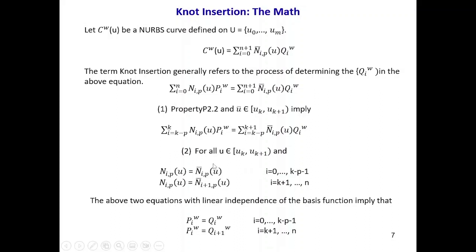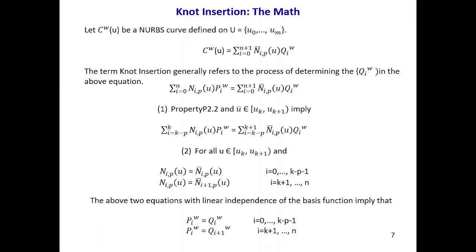Next, for this new knot, N_{i,p}(u) is equal to N̄_{i,p}(u) for all i = 0 to k−p−1, and N_{i,p}(u) is equal to N̄_{i+1,p}(u) for all other points, that is, i = k+1 to n.